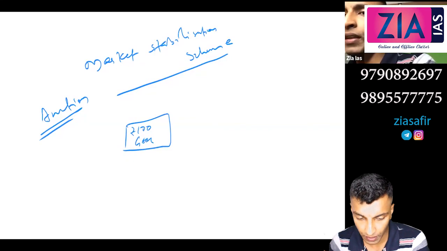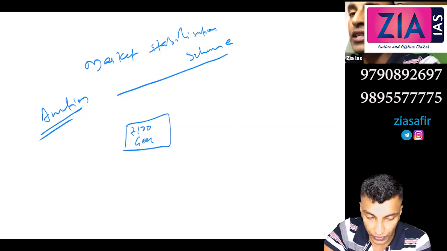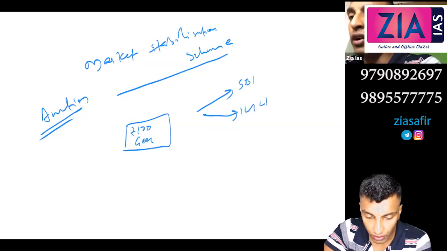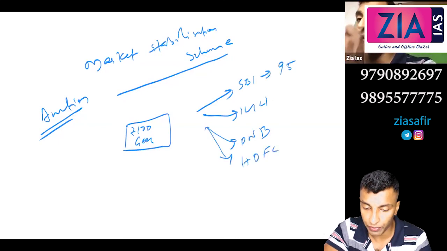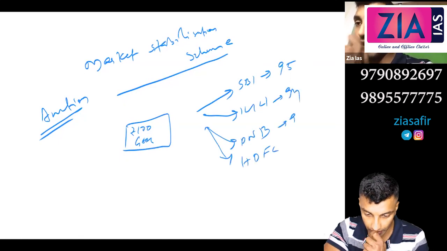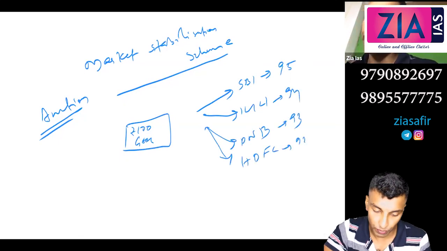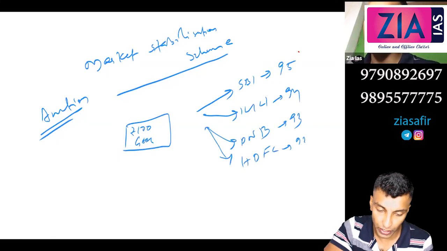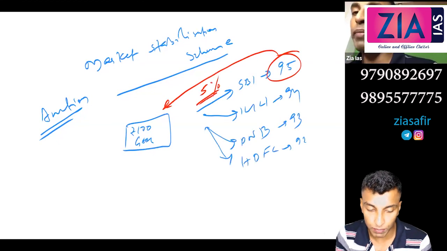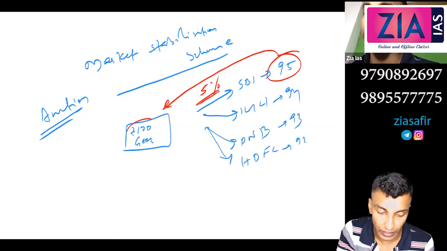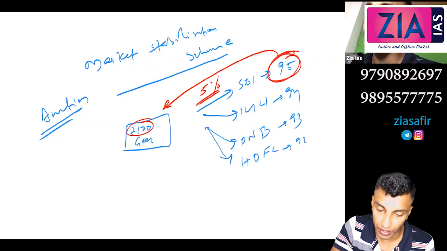Selling to financial institutions like SBI, ICICI, Punjab National Bank or HDFC Bank, these people will offer, let's say, 95, 94, 93, 92, etc. RBI will sell to the one offering the maximum. This difference is the return, because when you give this bond back, you will get the 100 face value, but you're buying at 95. So you are buying at a discount, and this is your return.